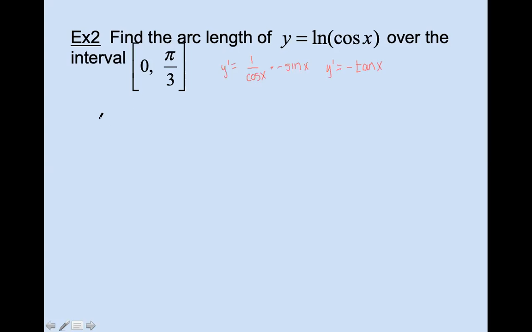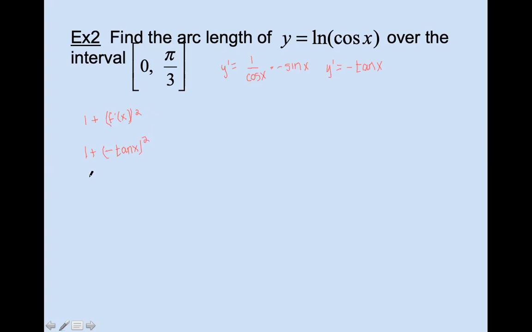All right, so remember we're going to have to do 1 plus f prime of x squared. So when I plug in my negative tangent, I'm going to have 1 plus negative tangent of x quantity squared.